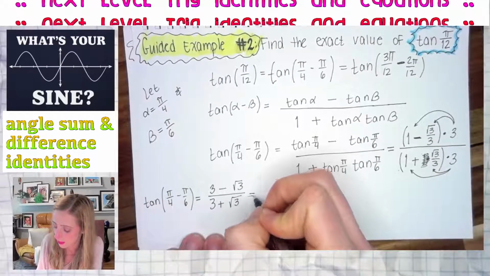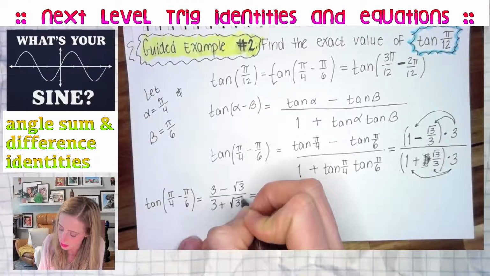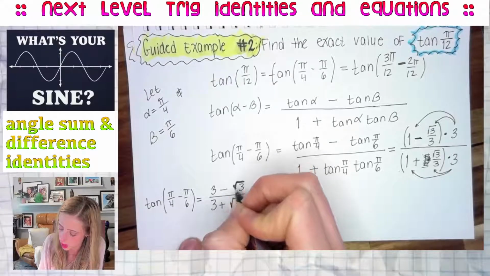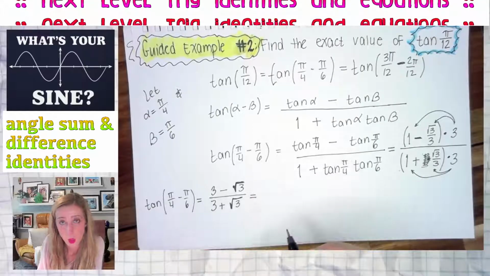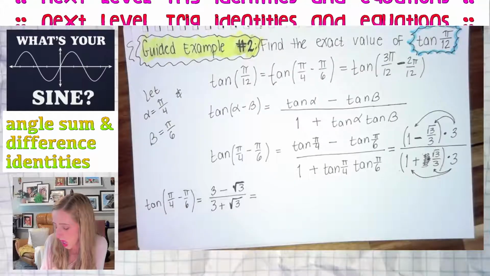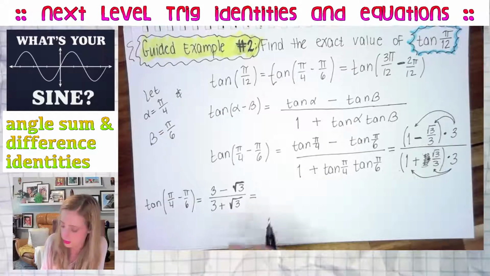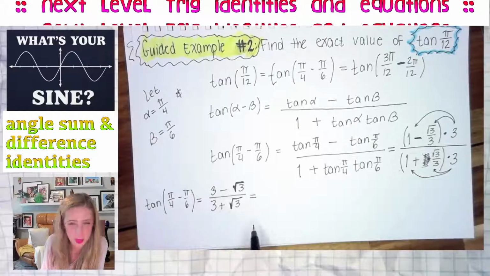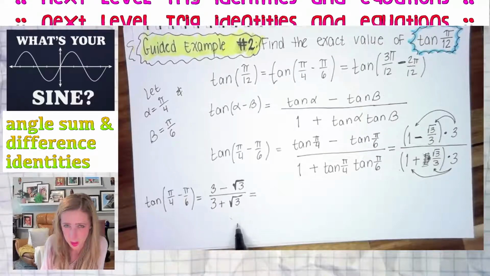Now we're still not done. We are not allowed to keep a radical in the denominator. If you are an amazing notebook keeper, I want you to think way back to lesson 1, first day of school this year. In lesson 1, we did a review lesson on simplifying radicals. And in one of the examples, 5th, 6th, or 7th one, we had an example similar to this, where we had a sum or a difference with a radical in our denominator.